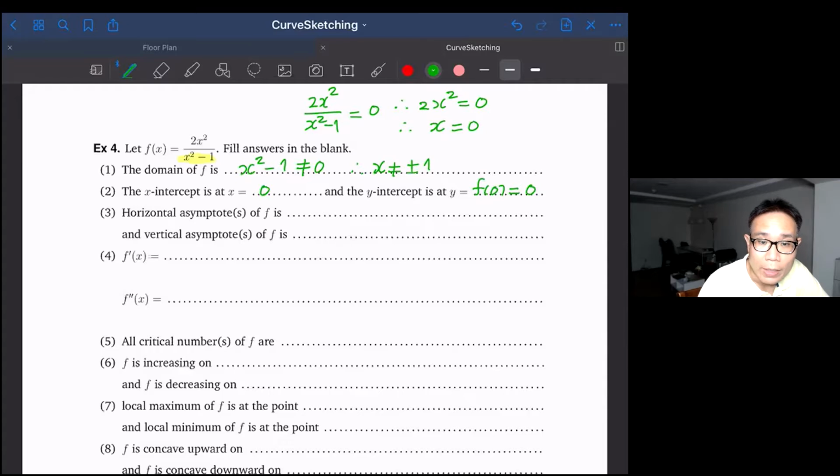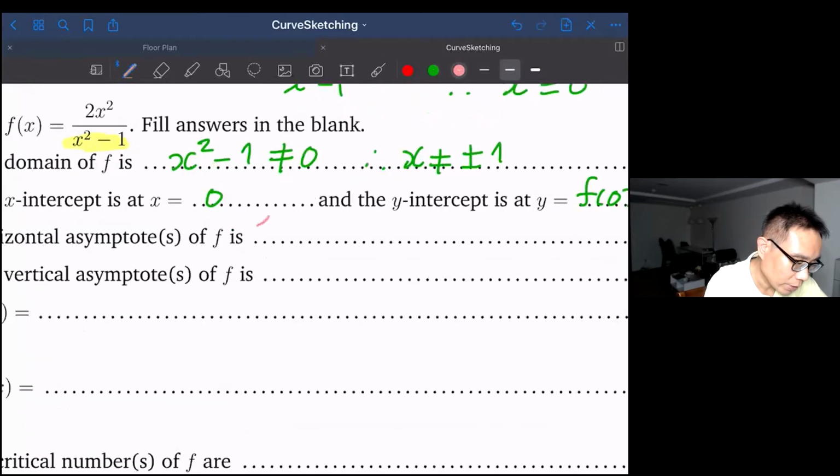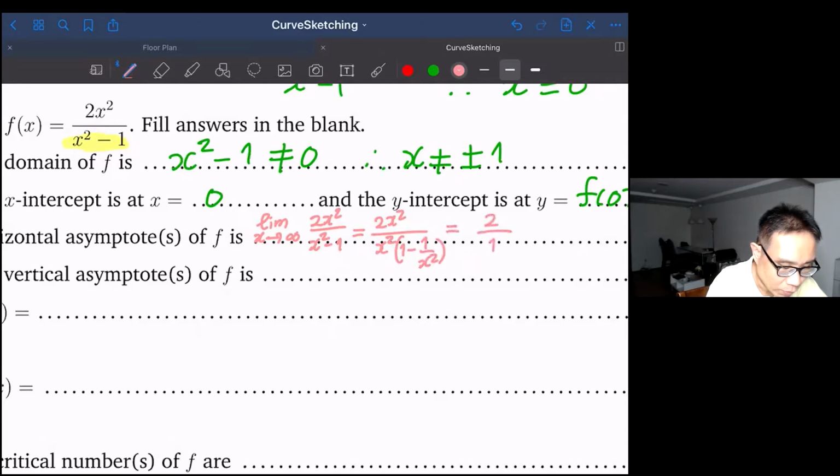And you're going to have a horizontal asymptote. For the horizontal asymptote, it will be just the limit as x goes to infinity of 2x squared over x squared minus 1. For this one, you have 2x squared over x squared times (1 minus 1 over x squared), and you see that you have 2 over 1 equal to 2.